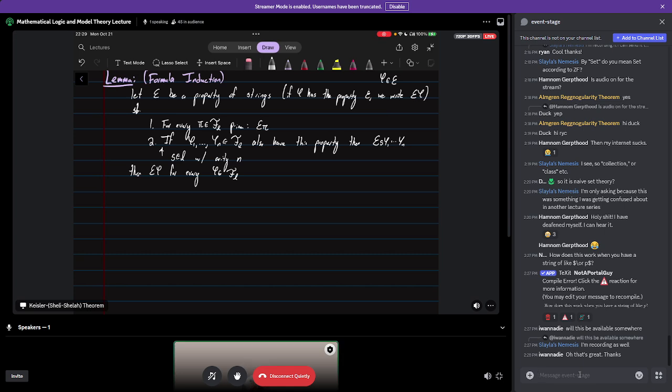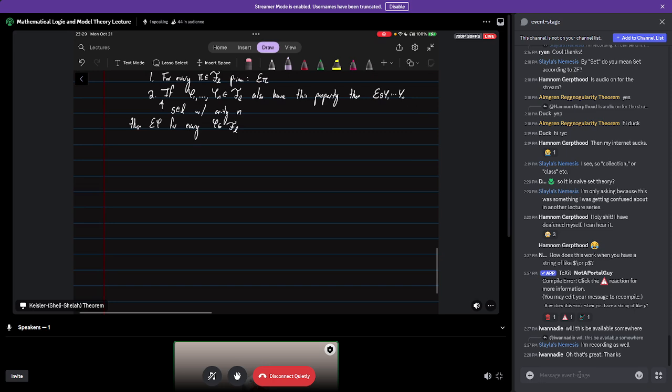So, for example, let's give a really simple example. This is actually very important, called the unique reconstruction property.